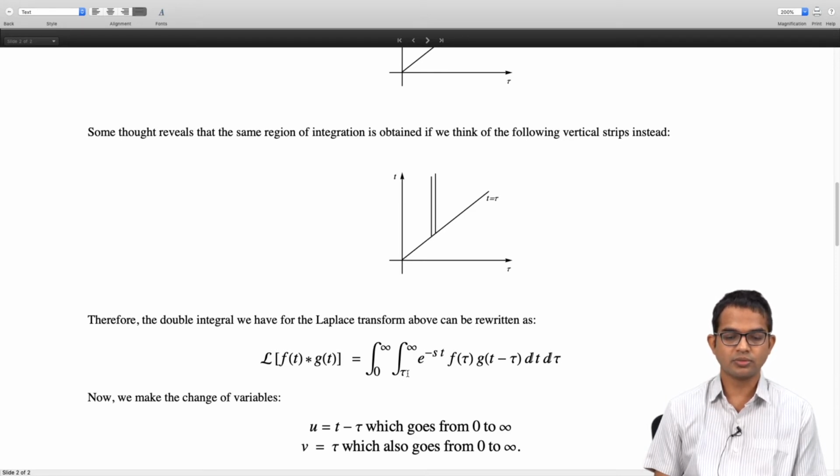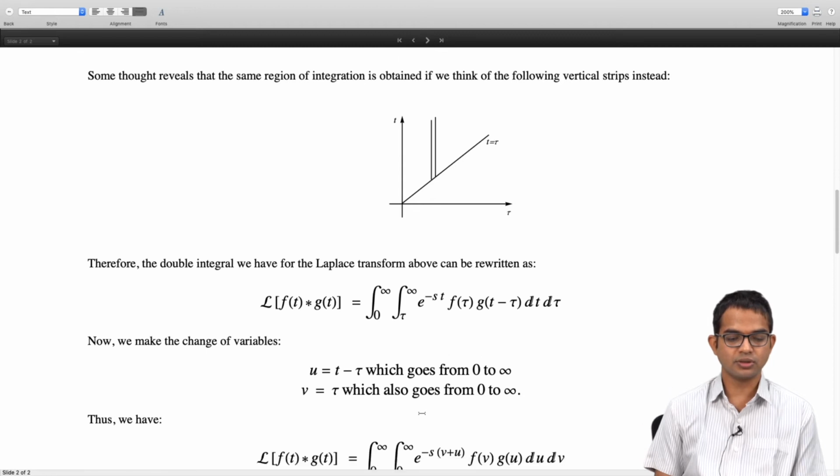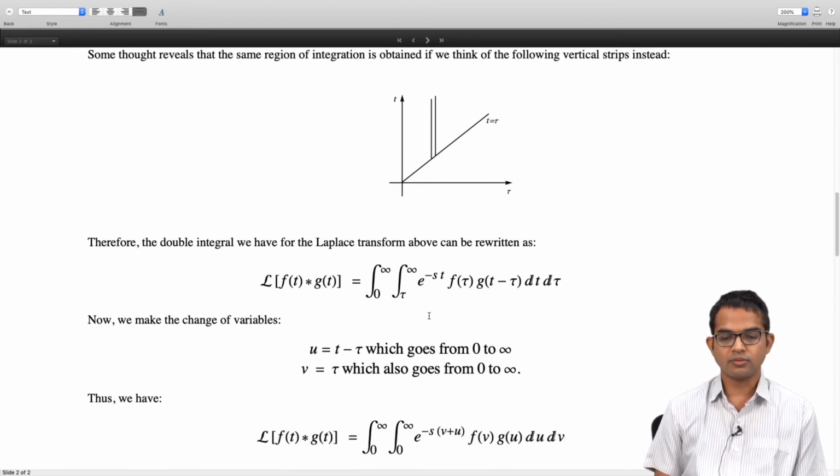After all, t goes from tau to infinity, so t minus tau will go from 0 to infinity, and v is just tau, which is also going from 0 to infinity. So the limits of u and v are easy to fix if you do it this way. And then, in place of t, I have to put u plus tau, which is the same as u plus v.